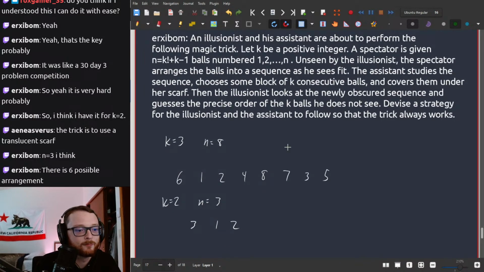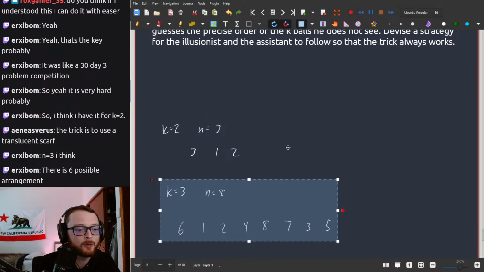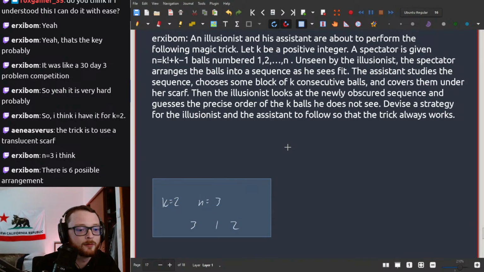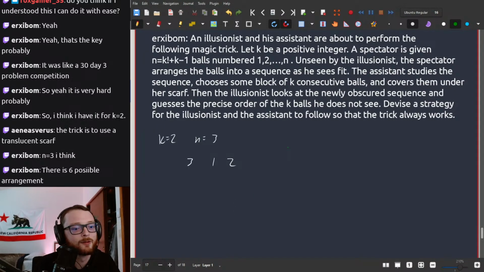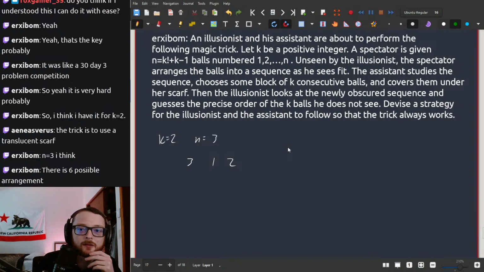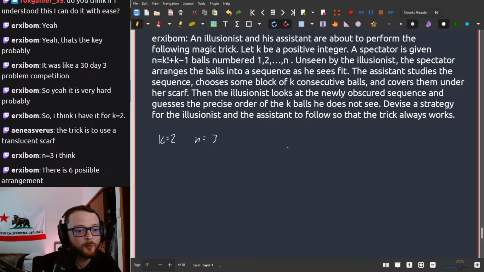You can get rid of that. 6 possible arrangements, I agree, yeah. I guess maybe it might be worth it to write all those arrangements out.